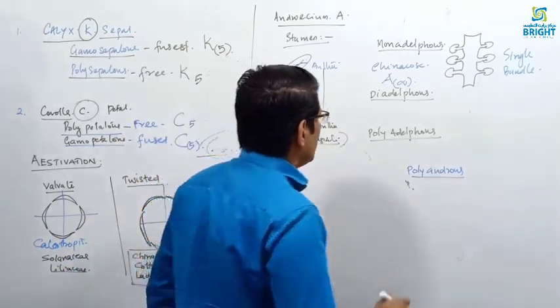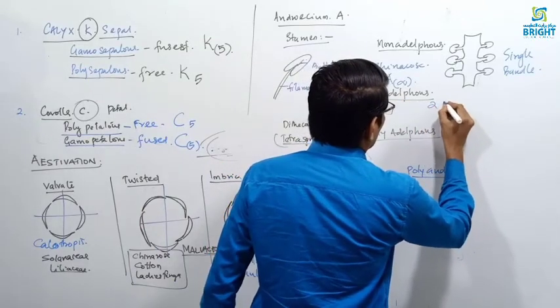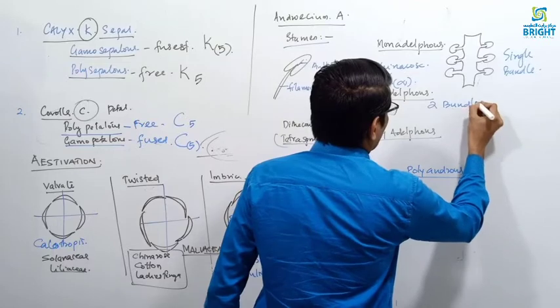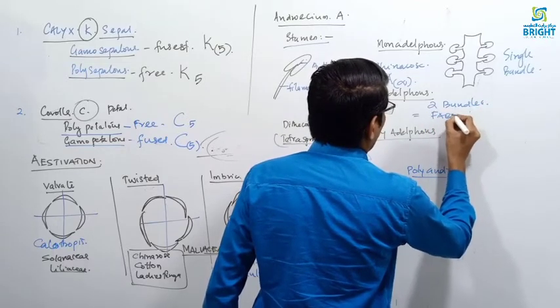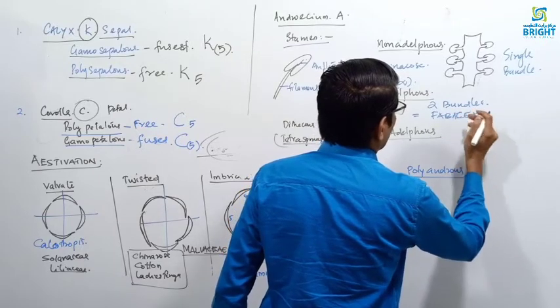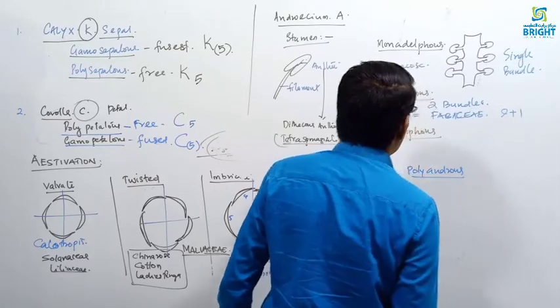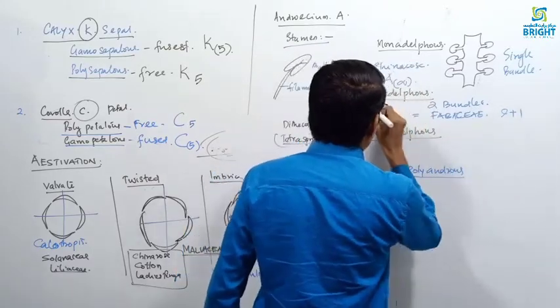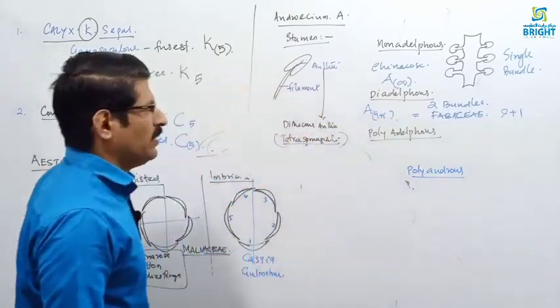And the second type is diadelphous, where the stamens are fused to form two bundles, and it is a characteristic of Fabaceae. Here 9 stamens are in a bundle and one is separate. So the floral formula is represented by A (9) plus 1 in Fabaceae.